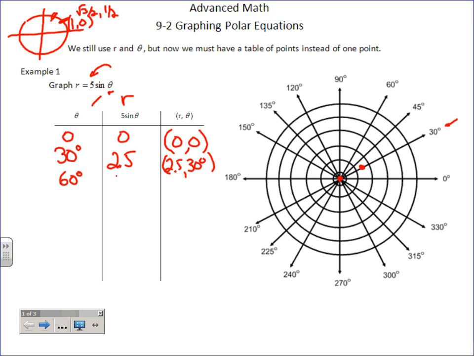Approximately 4.3. Again, make sure you write the ordered pair right. We're so used to having x first and then getting y. So how do you write it? It's 4.3 comma 60 degrees. So you go to 60 degrees, which is this one here, and you go 4.3. So 1, 2, 3, 4.3.